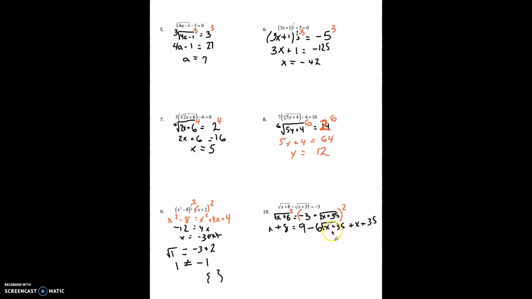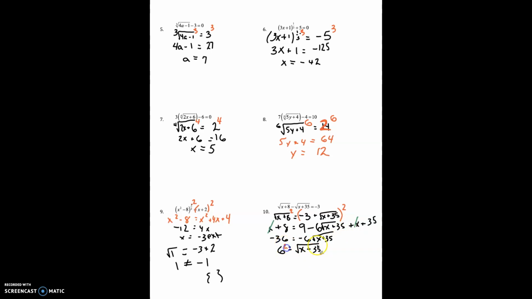So go ahead and clean that up, and we're going to get that 6 root 6 by itself. I'm not sure if I misspoke a second ago, but it should be negative 6 root x plus 35. That's what we're trying to get alone. So I did that, and then I divided by that negative 6 to get my radical isolated again.